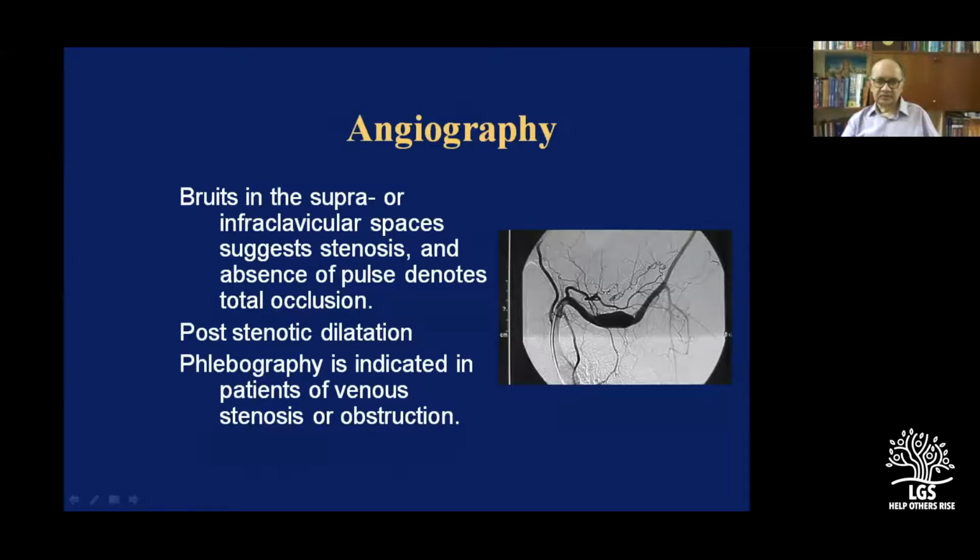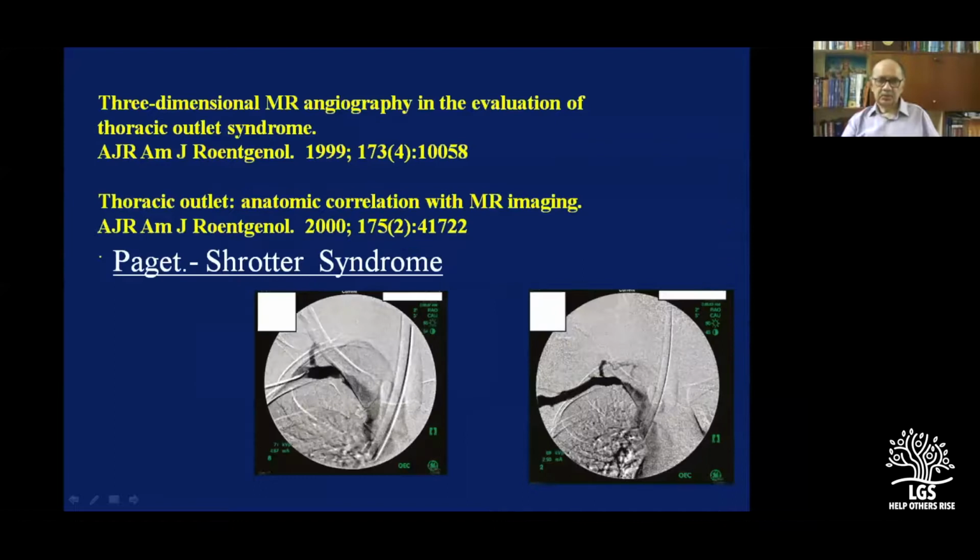Absence of pulse denotes total occlusion. Three-dimensional MR angiography is useful in the evaluation of the thoracic outlet, particularly in the veins, for diagnosing and also for treatment, where you have thrombolytic therapy and a completely excised segment with anastomosis using a venous graft.